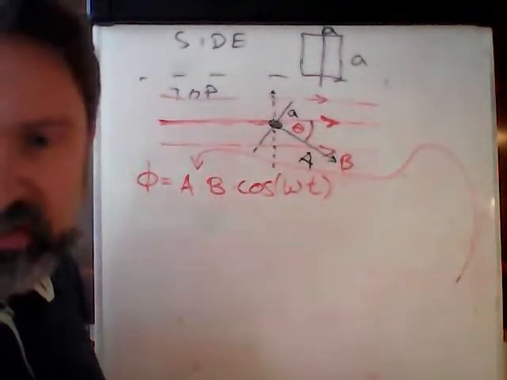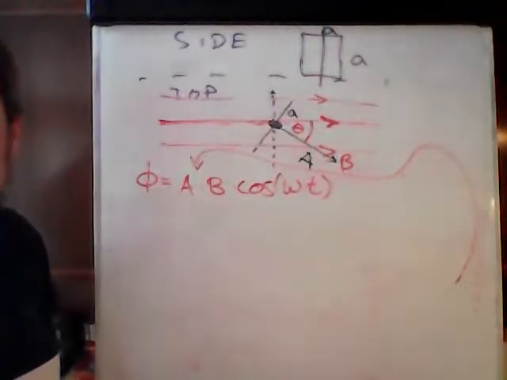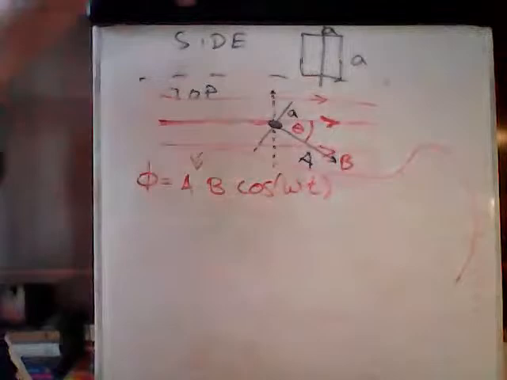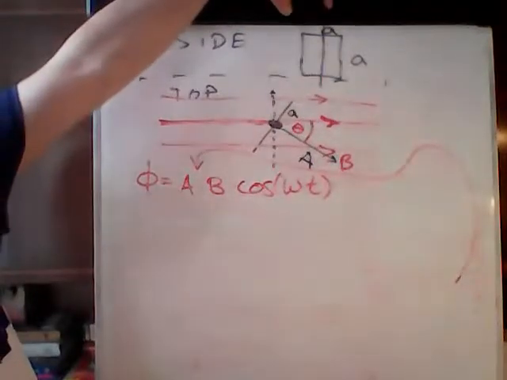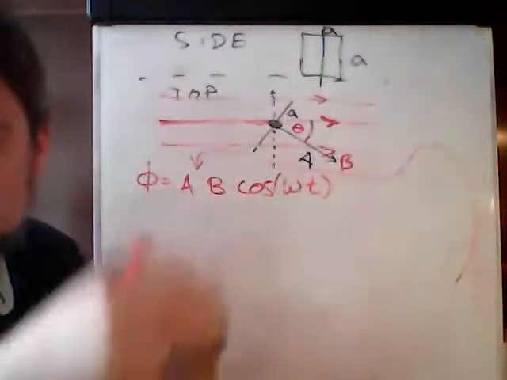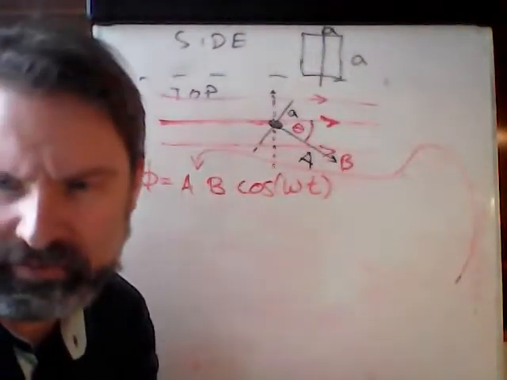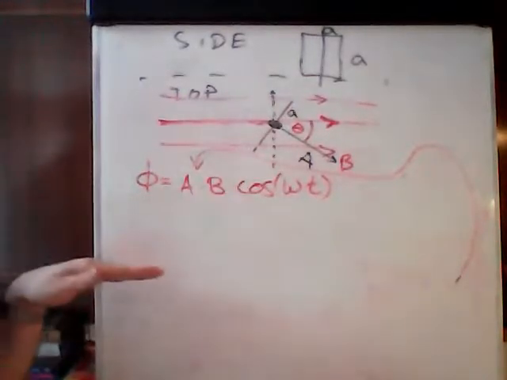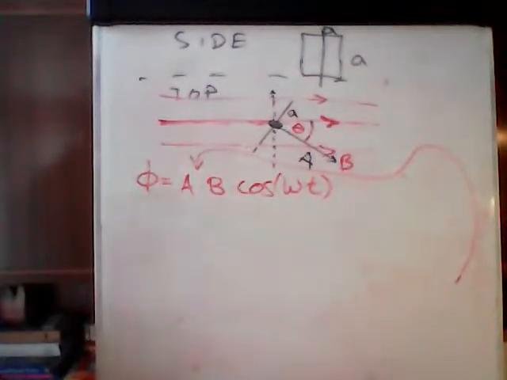So we looked at area change. Right now we're looking at flux change due to changing the angle, for example, by taking a loop or a stack of loops, which would just be a solenoid, and spinning it inside a magnetic field. Okay, good. So this is the flux as it's changing, okay?